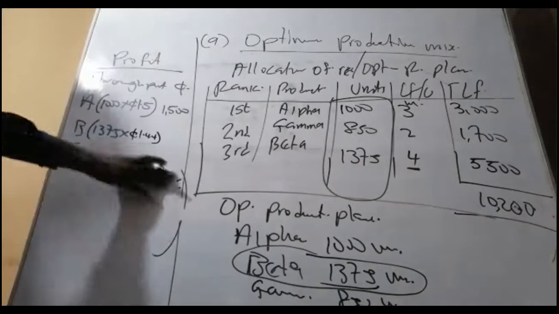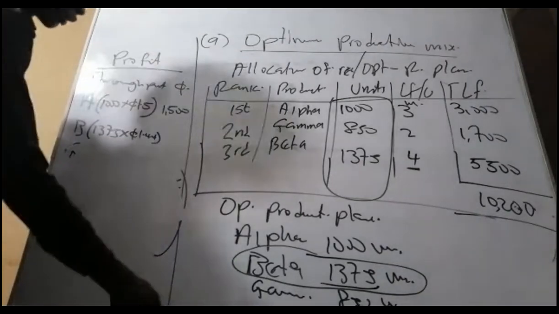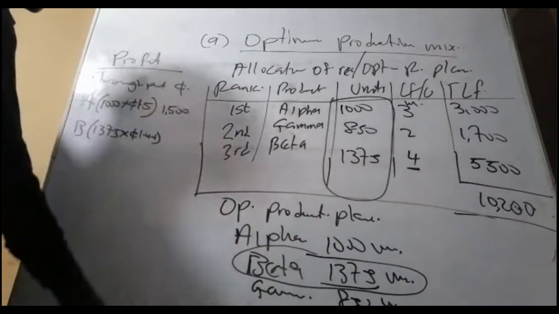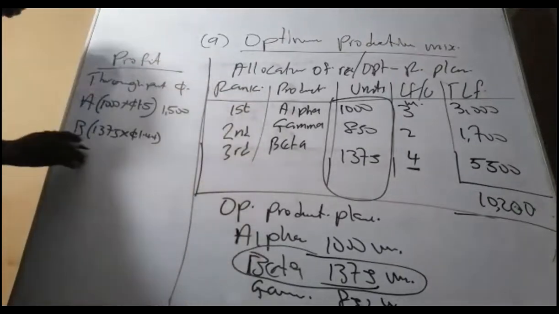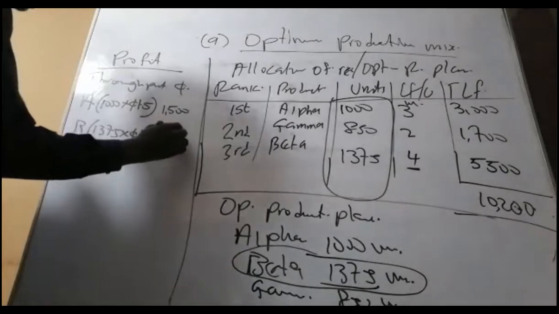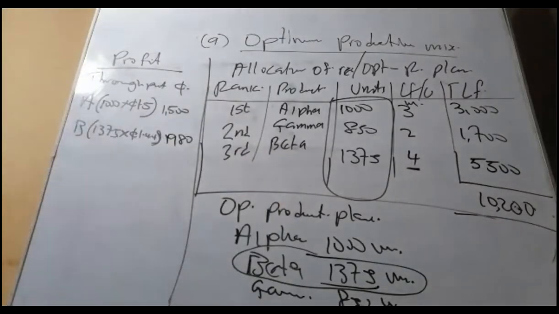So when you multiply 1,375 times 1.44 will give us 1980, right?